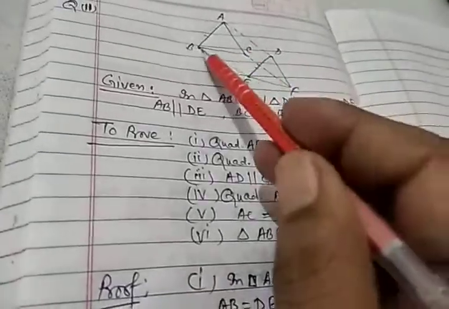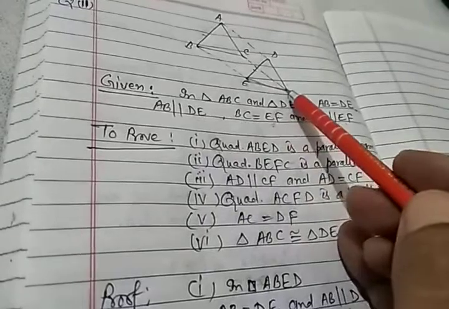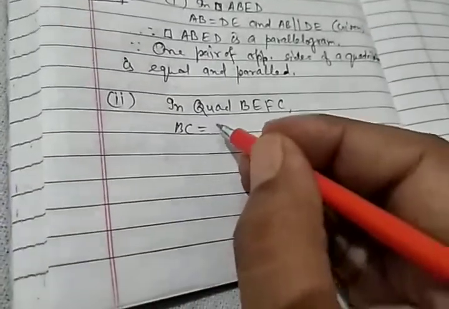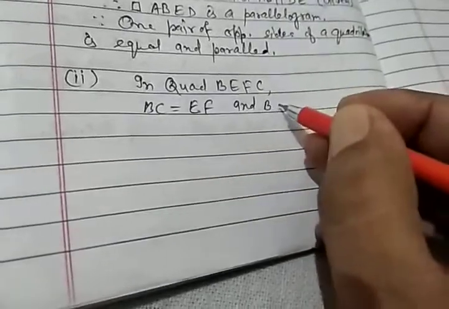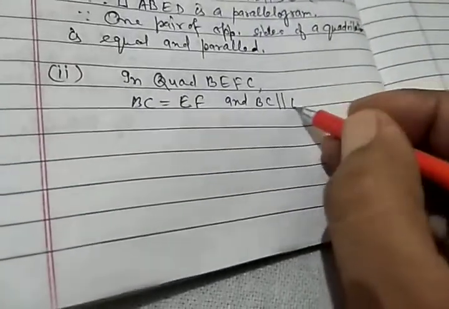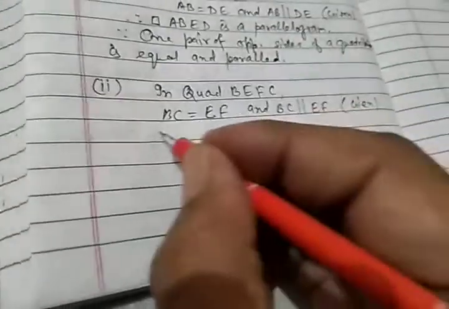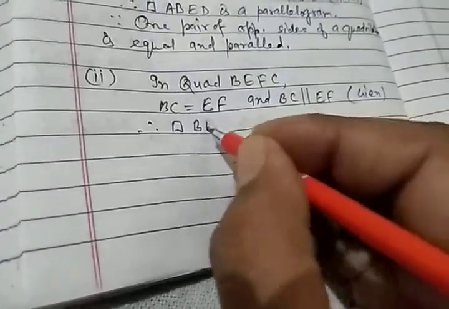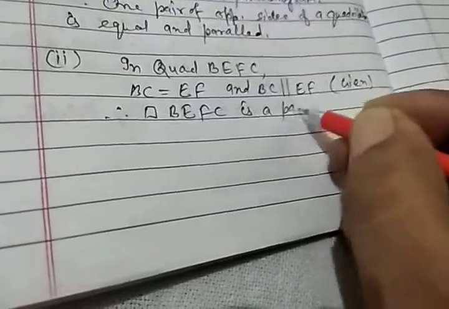One pair of opposite sides is parallel and equal, therefore quadrilateral BEFC is a parallelogram.